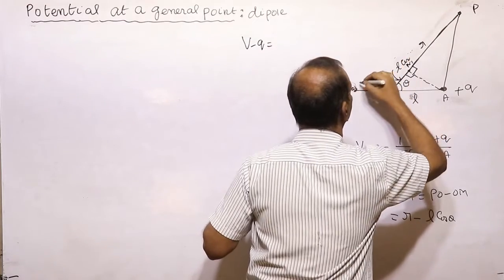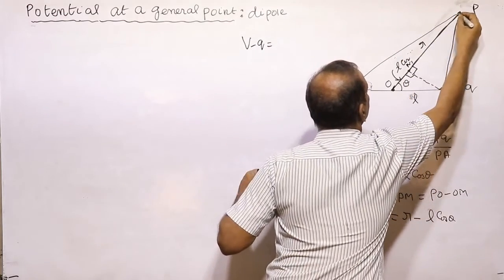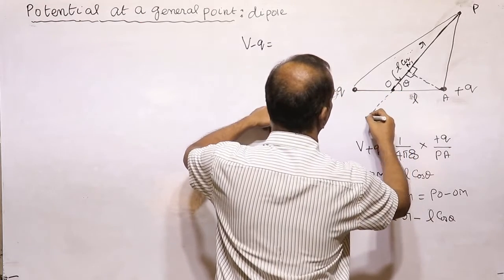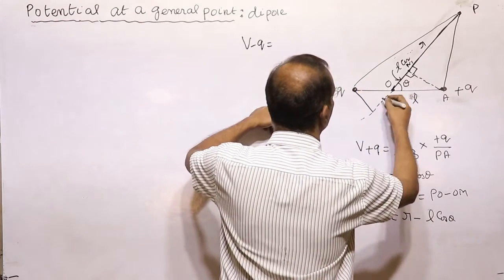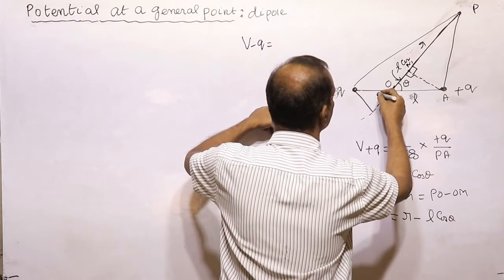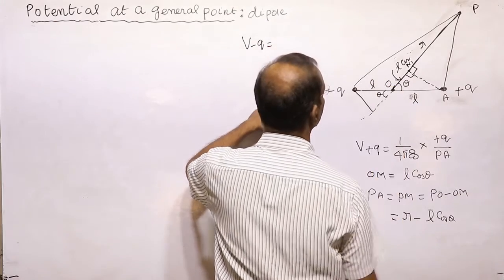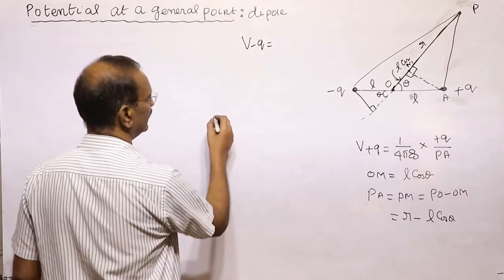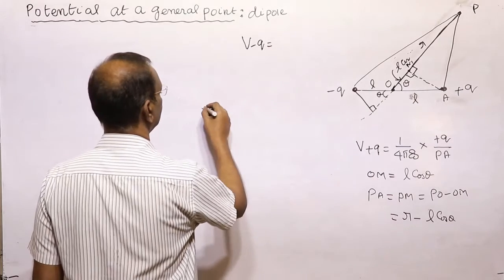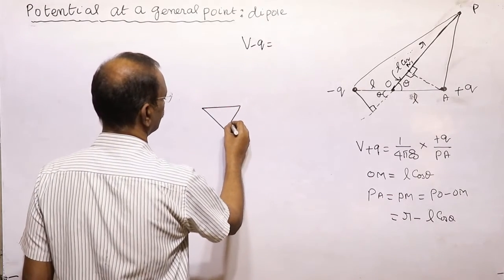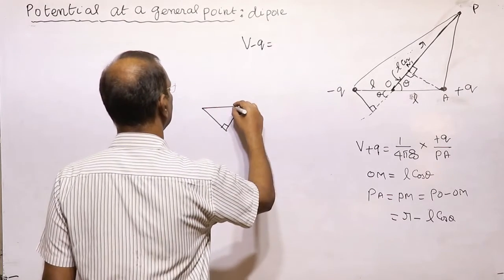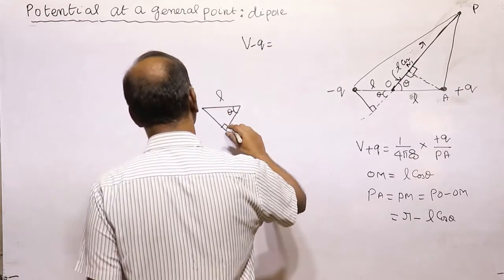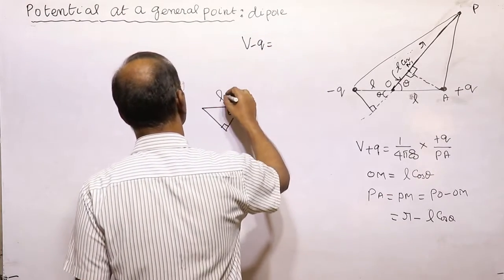Now this is the distance, and if you extend this line and drop a perpendicular, this will be theta and this is L and this is 90 degree. We'll take this triangle like this: this is 90 degree, this is theta, and this is L. It means exactly opposite is the hypotenuse.